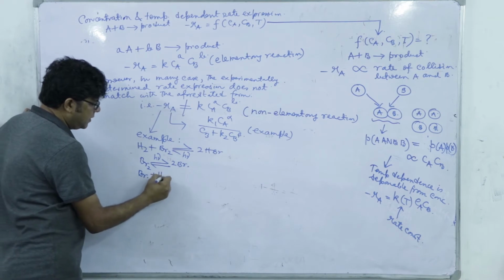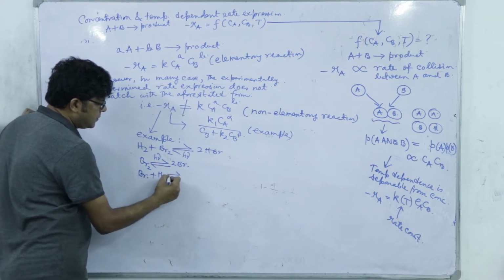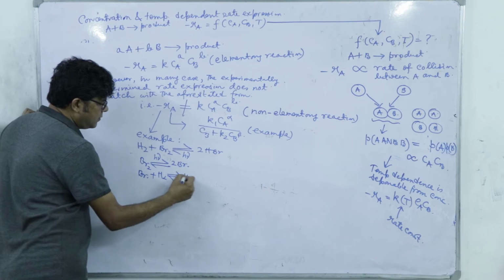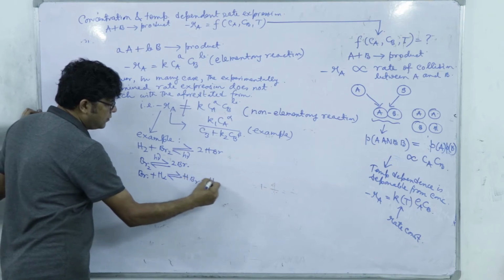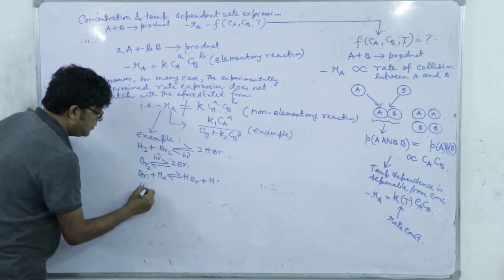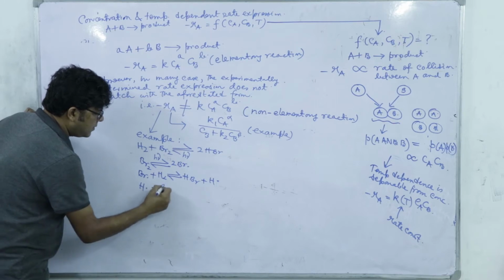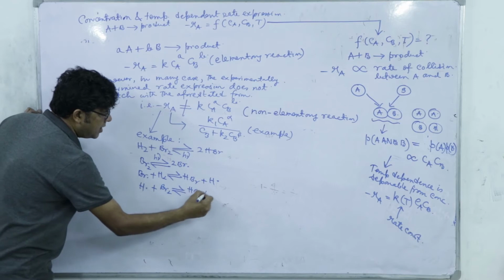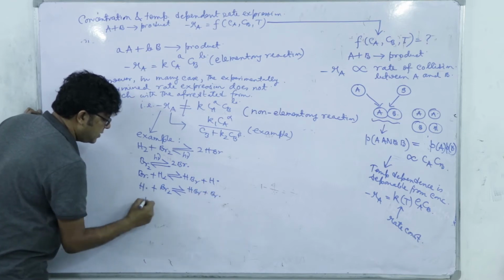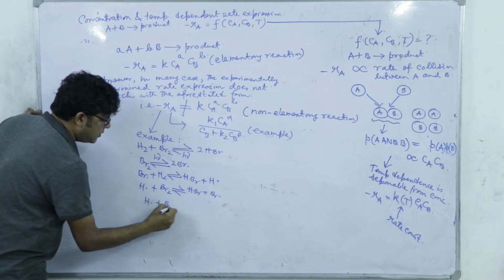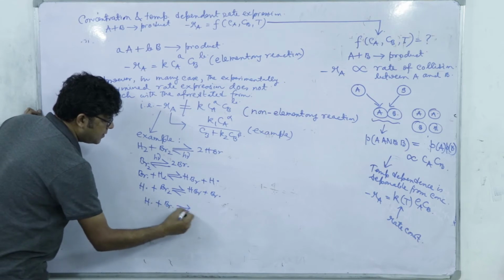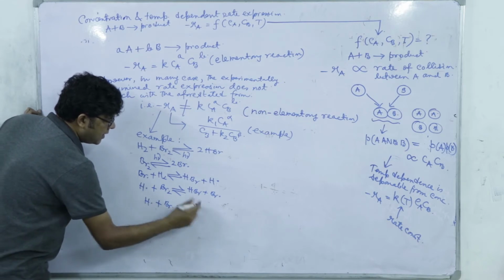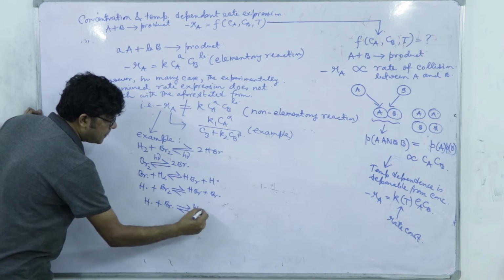This attacks H2, giving HBr, that is the product, plus hydrogen free radical. Hydrogen free radical may react with bromine again, giving HBr plus bromine free radical, and H dot plus Br dot again reacts to form HBr.